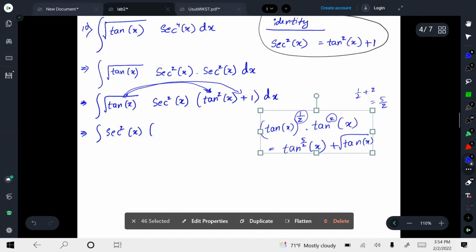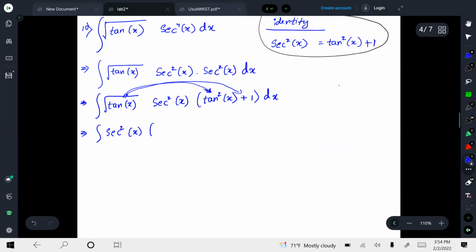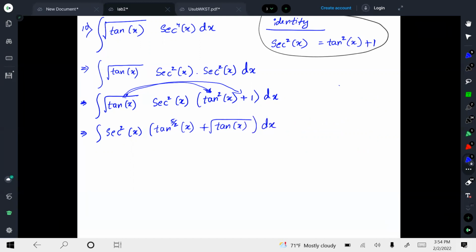Now, let me erase this and write the answer. So this is tan to the power of 5 over 2 of x plus square root of tan of x, into dx. Okay, now you have simplified.